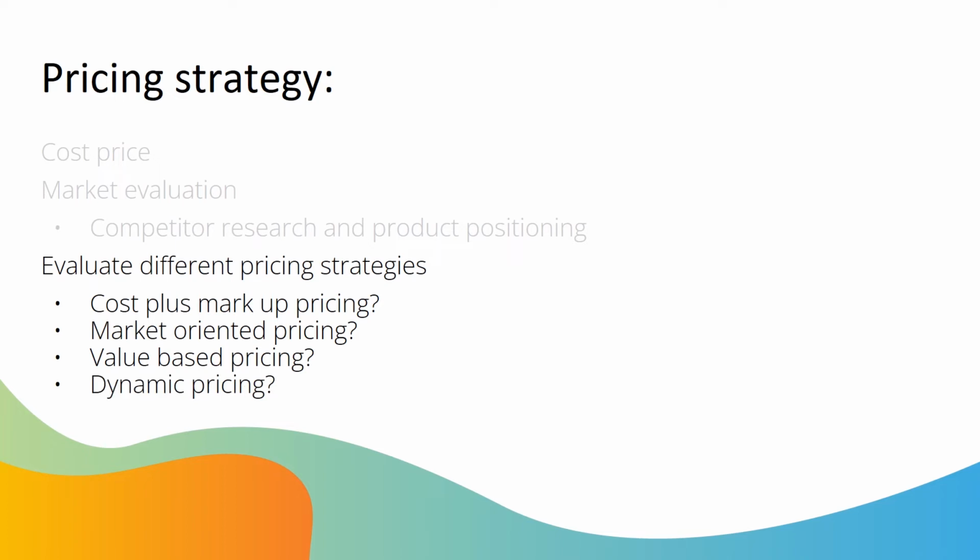The fourth strategy is to orient the price to the consumer's demand. When competition is low or demand high, you can set a higher price, and when competition is high or demand is low, you lower your price.